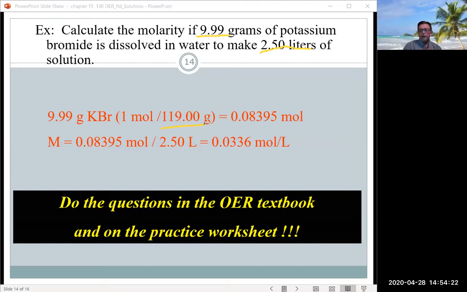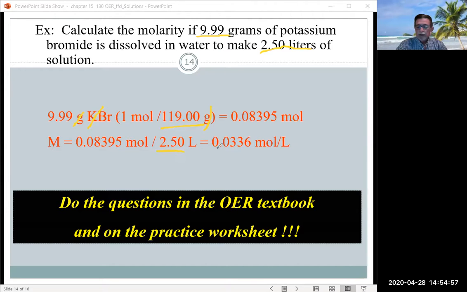And now I can calculate the number of moles because I'm given 9.99 grams. Notice I set up the ratio properly. That molar mass can be set up one or two ways, if you recall. Look at my units, my grams cancel, leaving me with the units of moles in the numerator, which tells me I set that up properly. Okay. Now it's a matter of taking that number, dividing by the volume given.